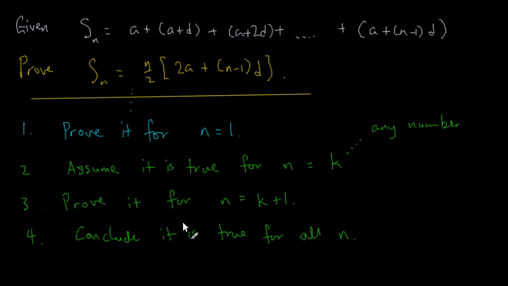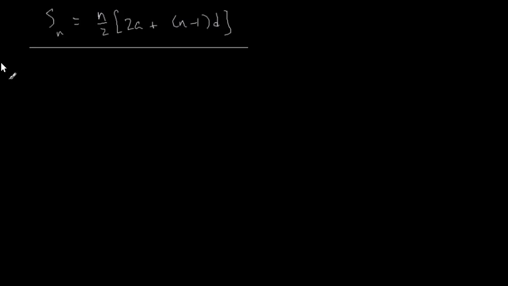So let's try that now. So remember what we had to do for the first step. Easier if I just write down the formula first. n over 2, (2a plus (n minus 1)d). So step 1, for n equals to 1, is it true?